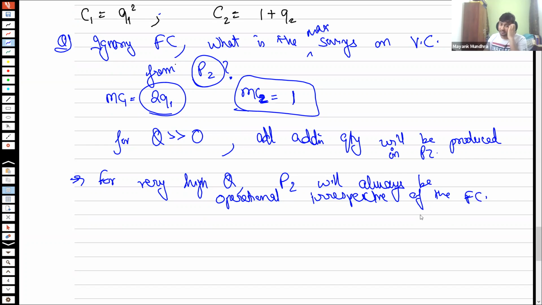So even if you make the fixed cost 1 lakh, at some point you will find it profitable to produce in plant 2 if the quantity demanded is high.